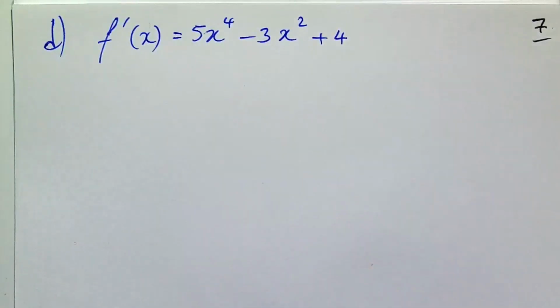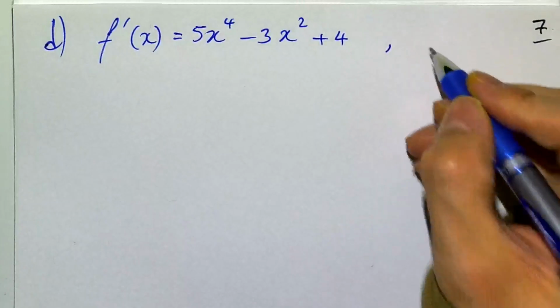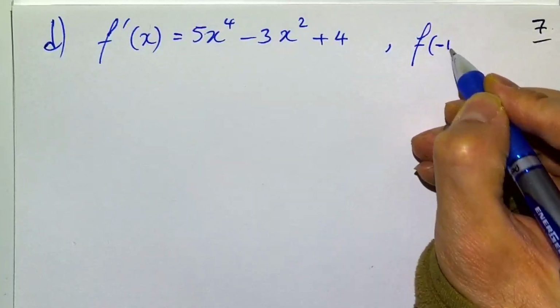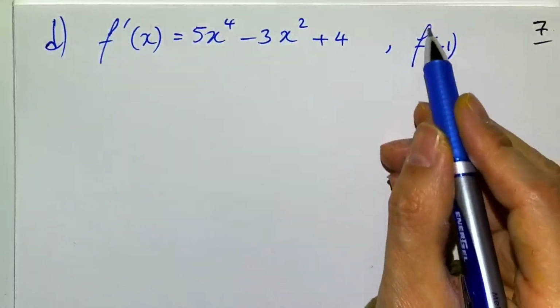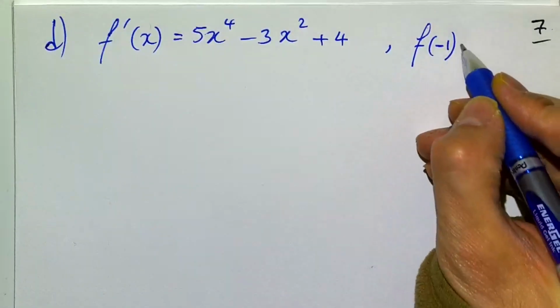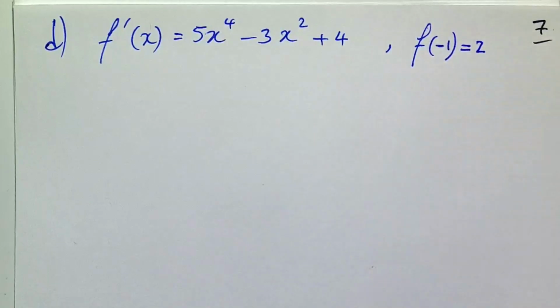And now this time they give us additional information. So we know that the original function at -1, this is the original function f, not f prime, F at -1, we know that it was equal to 2.